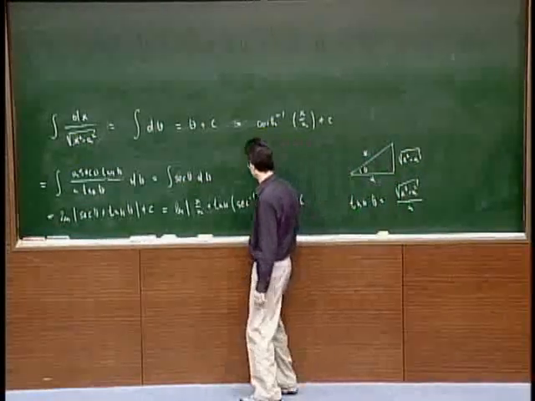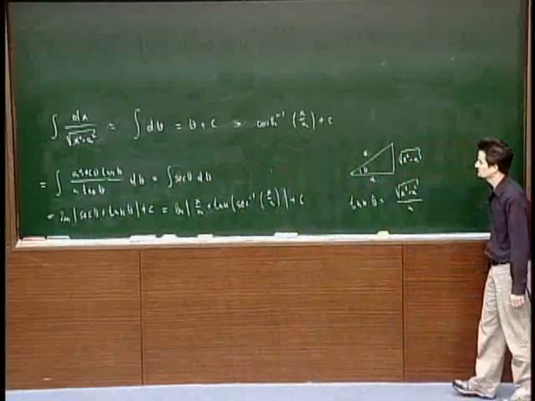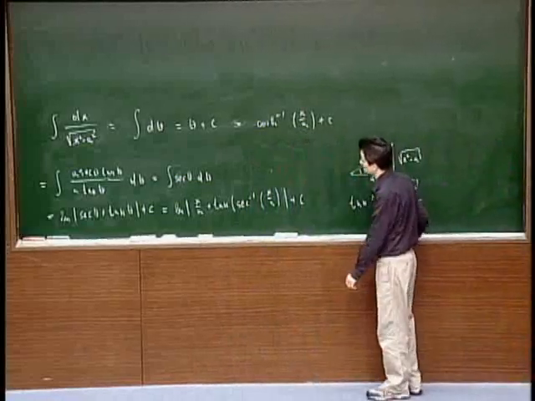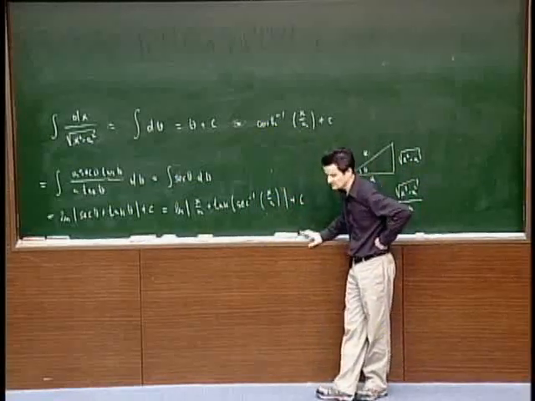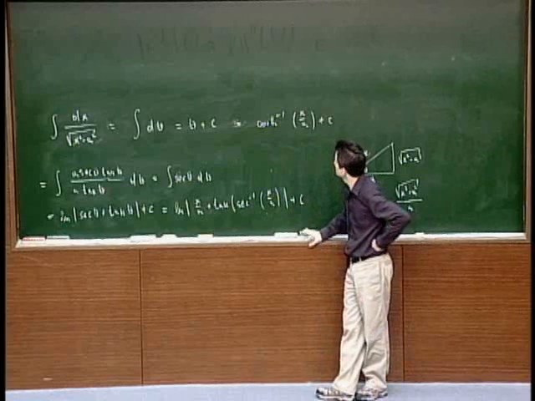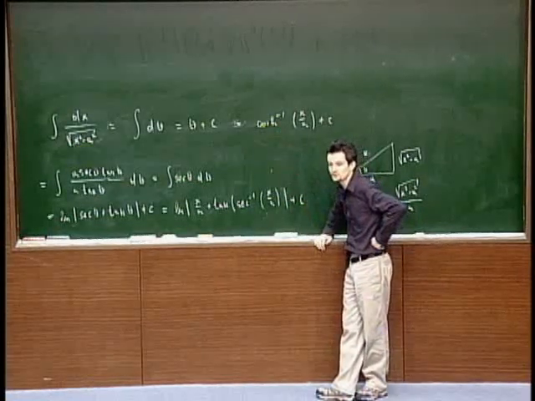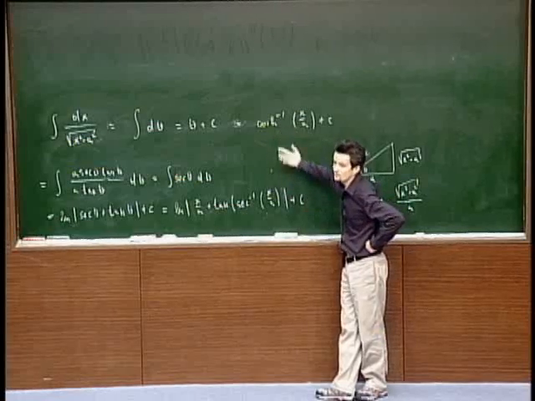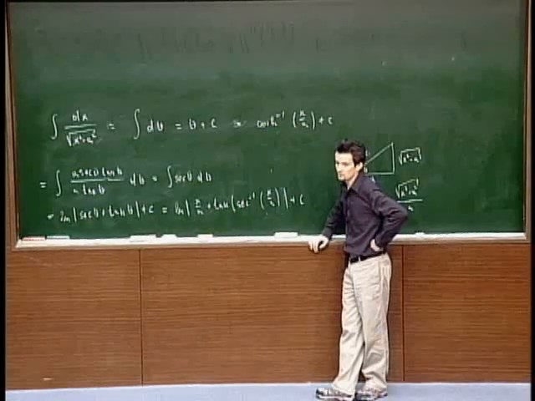Now, you see that this expression looks very different from the other one, but essentially those two expressions are the same. It's not very surprising, because the hyperbolic cosine is defined in terms of exponential functions, so the inverse hyperbolic cosine can be computed in terms of logarithmic functions.